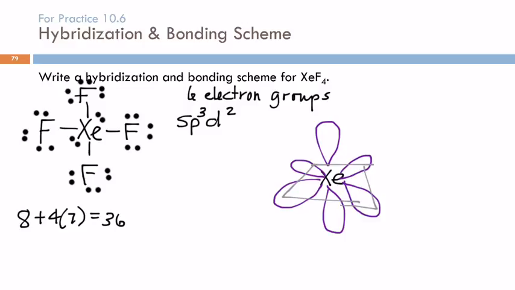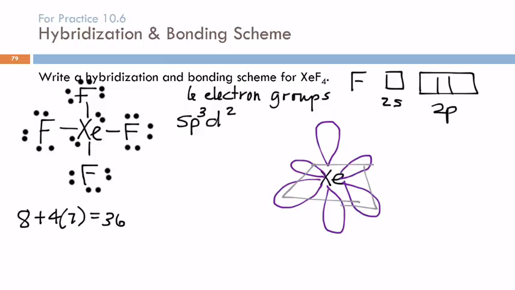And so, what are these orbitals going to overlap with on the fluorine? Well, you might need to look at the valence electrons for fluorine. It's got 2s and 2p.